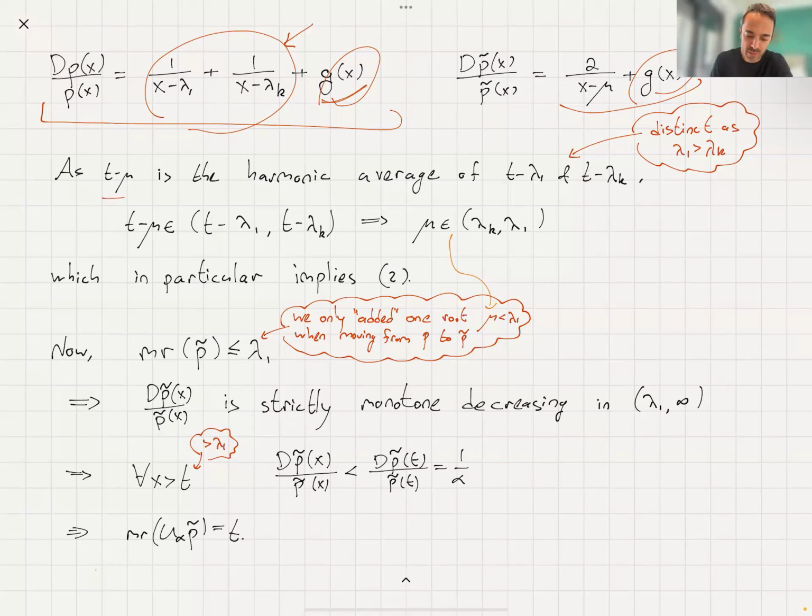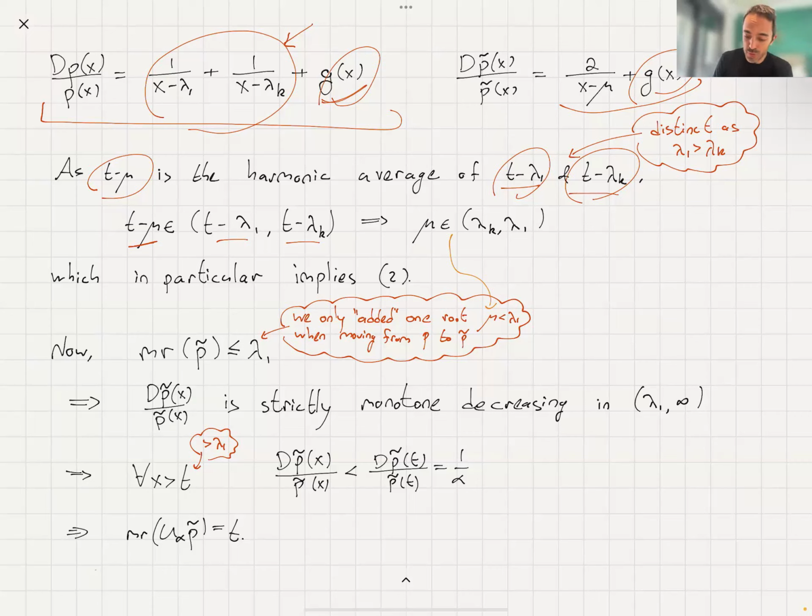First of all, t minus mu is the harmonic mean of t minus lambda 1 and t minus lambda k. And these two numbers are distinct because we assume that lambda 1 and lambda k are distinct. In such a case, by basic mean inequalities, you know that t minus mu is strictly in between t minus lambda 1 and t minus lambda k, being the harmonic mean.